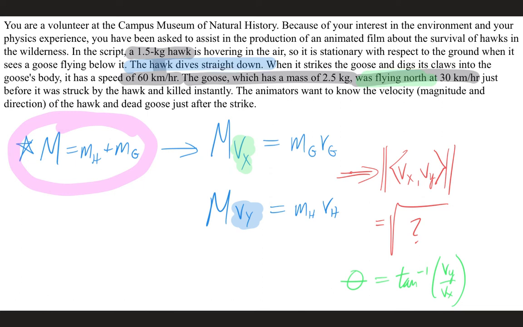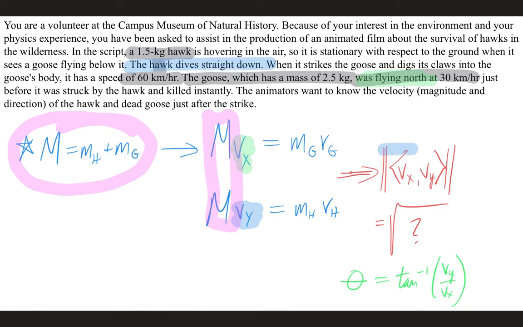And so this right here is sort of holding onto that end game and knowing that all of the horizontal momentum comes from the goose. All of the vertical momentum comes from the hawk. And these things are going to come together over here.